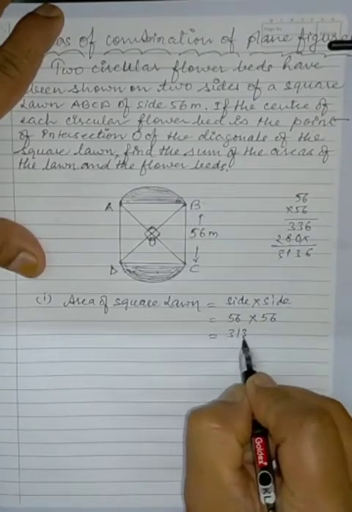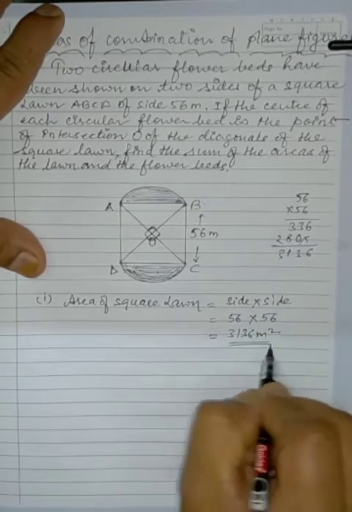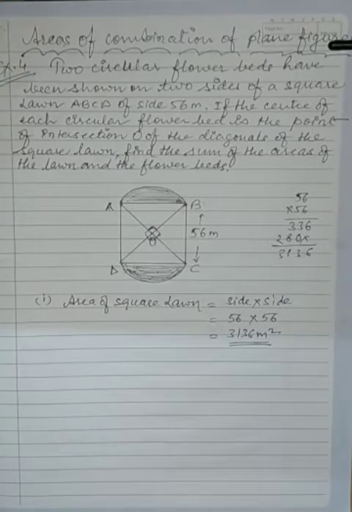So it is 3136 meter square is the area of the square lawn. Here we get the first answer.